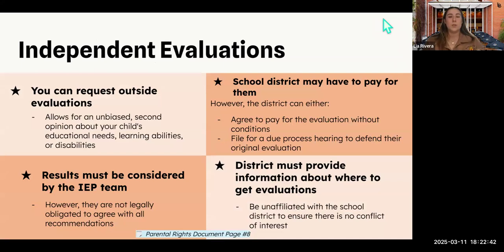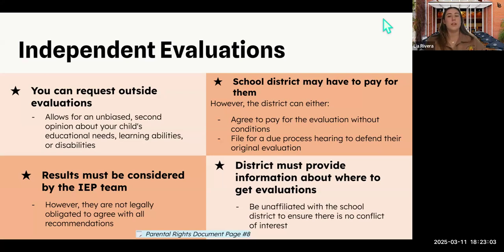And then going into page 18 of the document, parents are also able to get independent evaluations outside of the school district. It always allows for unbiased second opinions about the child's educational needs, learning abilities, and or disabilities, and the school district may have to pay for them.